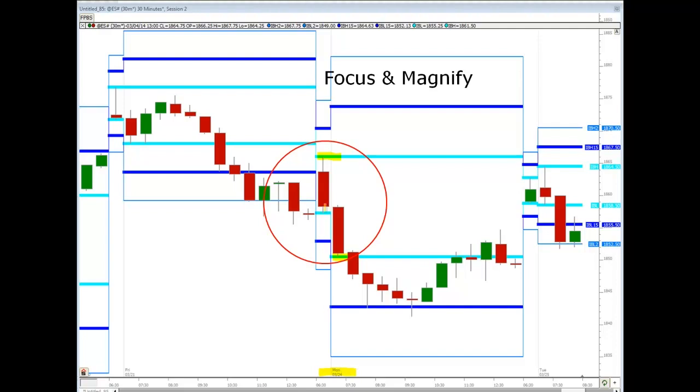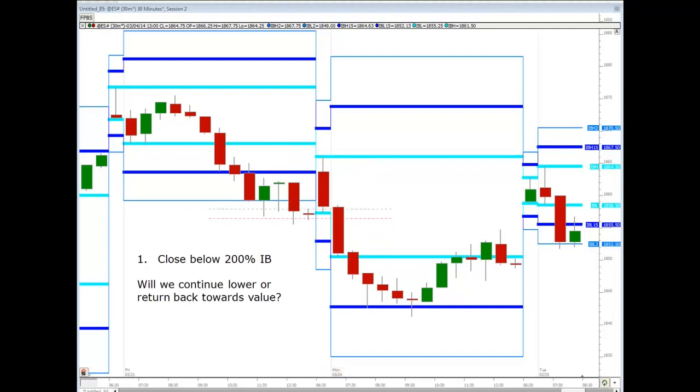And we are going to compare what happened on Monday relative to what happened in the market on Friday, the prior day. So we will note that on Friday, this is the week before, here's what happened. The market ended up closing below the 200% IB. And you can see right here, here's where we closed, right there.